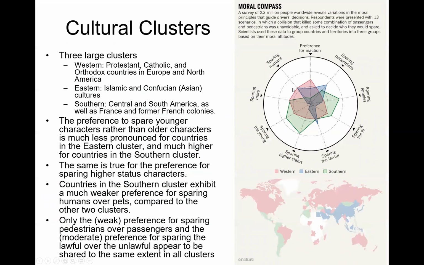And there are also cultural clusters divided into Western, that is Europe and North America, and Eastern, that's Islamic and Asian cultures, and Southern, that's Central and South America, as well as France and former French colonies. And they show different moral compasses. So for the Eastern cluster, the preference to spare younger characters rather than older characters is much less pronounced.